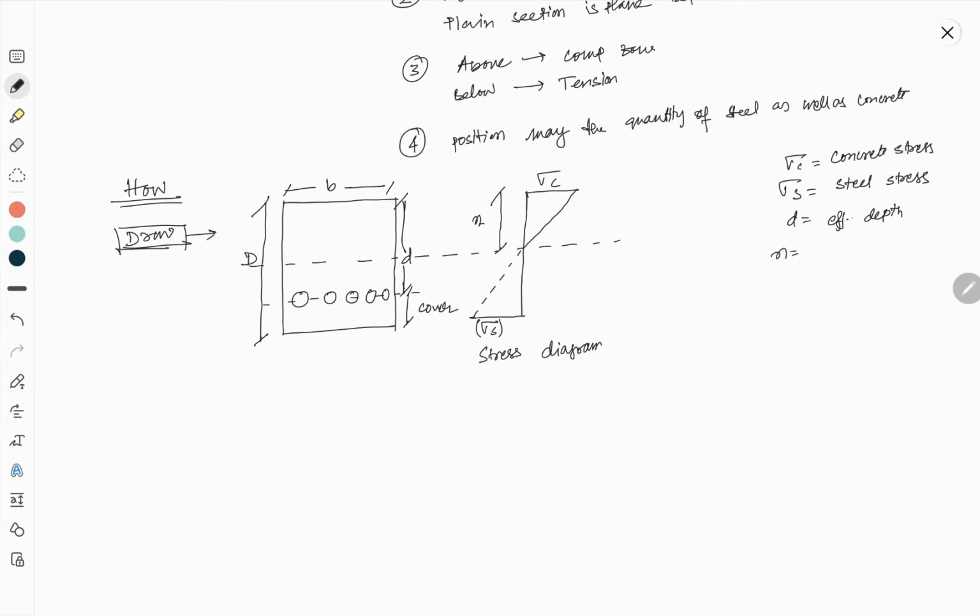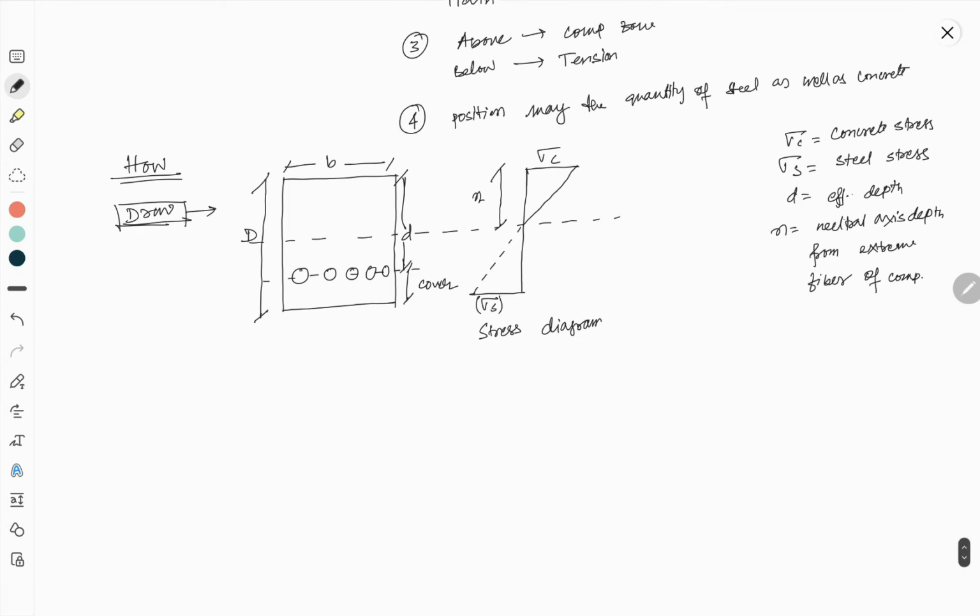N equal to neutral axis depth from extreme fiber of compression, and this is the value of d minus n. Okay, that will clear.